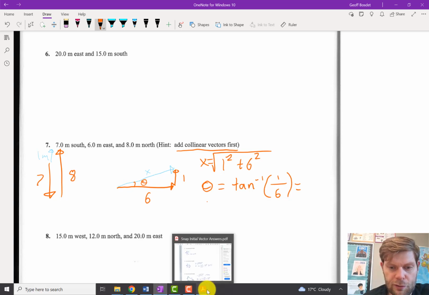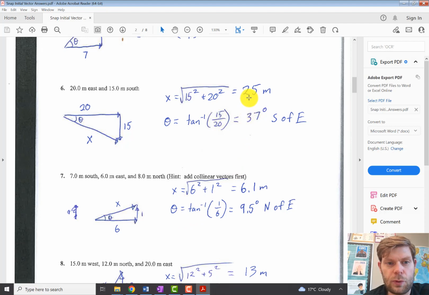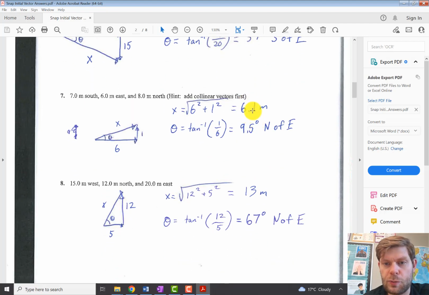I'll go look at my lovely answer key. Looks like 6.1 meters, 9.5 degrees north of east.